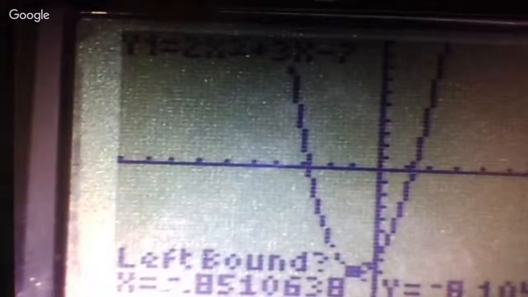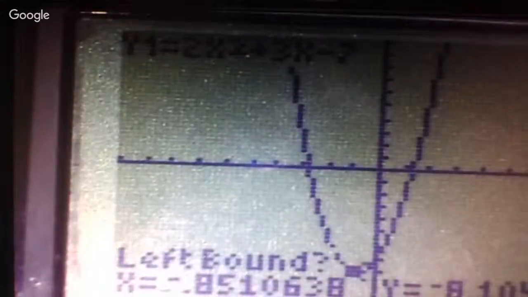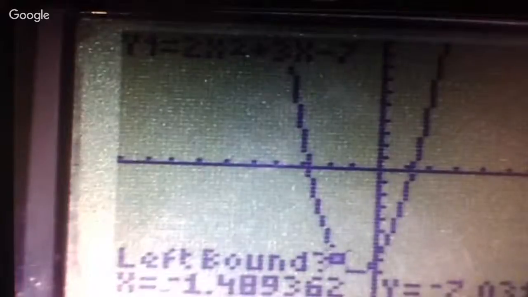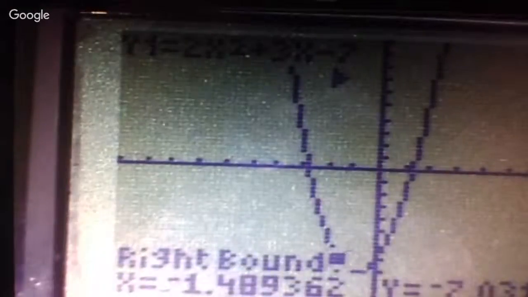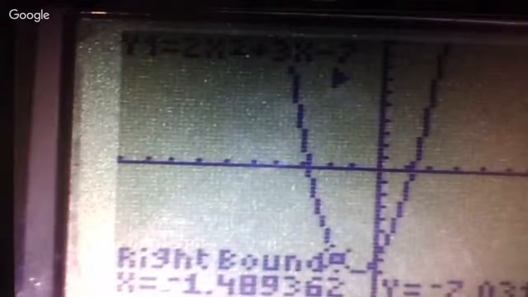And then follow the directions. It wants you to move to the left. It's telling me that my vertex should be no farther than this to the left. So I want to go at least 3 steps to the left of where I think my vertex is. And I hit enter. See how this little arrow comes up here? That's saying my vertex should be no farther than that arrow.